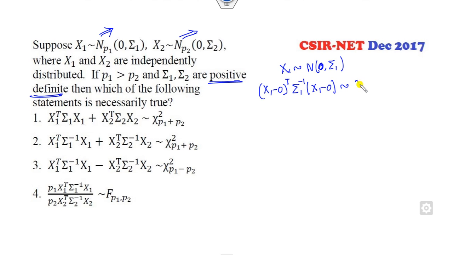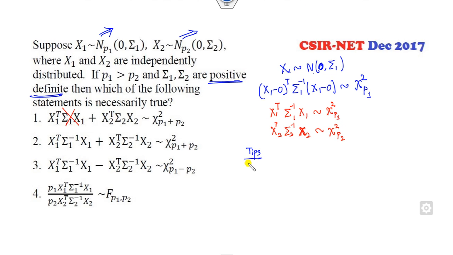It follows chi-square distribution with P1. Fine. Now you can see this is not a chi-square. Similarly, I can write this as x1 transpose sigma inverse x1, which follows chi-square of P1. Similarly, x2 transpose sigma 2 inverse x2 again follows the chi-square distribution with P2.